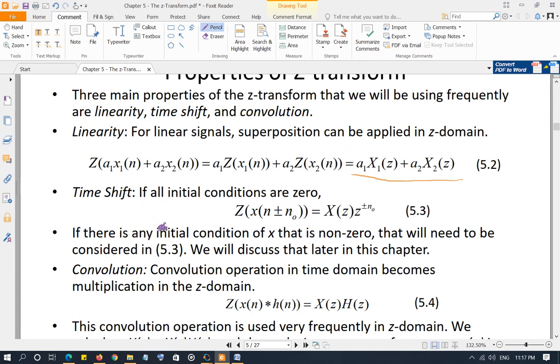Time shift property: if you have a signal x of n, and if you shift that signal by n naught steps, then the Z transform of that will simply be the Z transform of the original signal, that is x of n, times z to the power negative n naught. And this is valid if your initial conditions are 0.